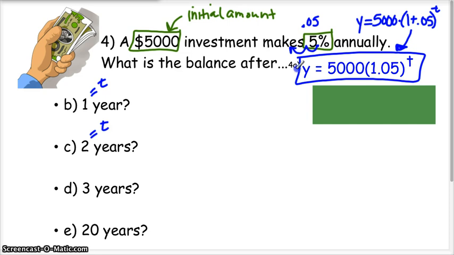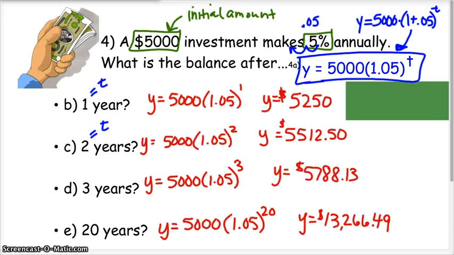Please pause the video and complete parts B, C, D, and E on your own. Please make sure that you've rounded each of your answers to the nearest penny, which would be the hundredths spot.